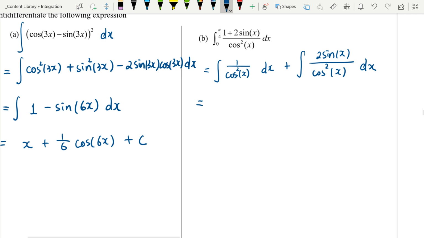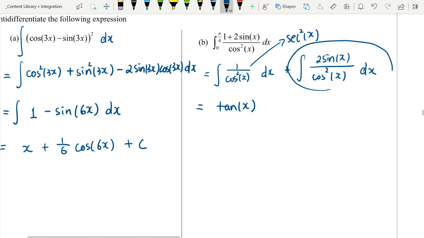So what's 1 over cos squared? Sec squared. So what's the antidiff of sec squared? It gives you tan. So the first one is done, that's tan.